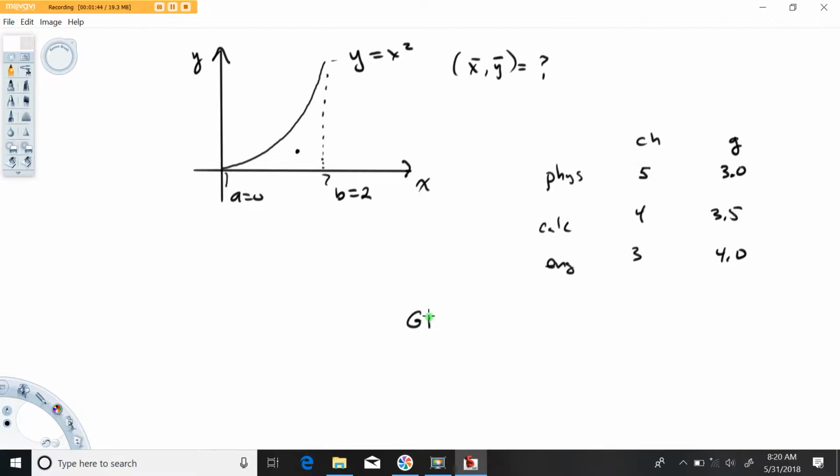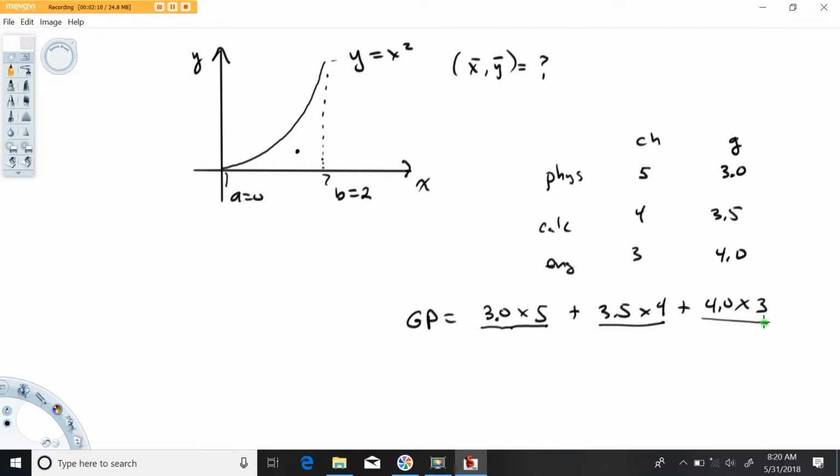So the way we calculate our grade point is you take your grade, 3.0, and you multiply by the number of credit hours, 5. Plus the grade in calculus, 3.5, multiplied by the number of credit hours, 4. And our grade in English, 4.0, multiplied by the number of credit hours, 3. Now you'll notice that each term is a grade times a credit.